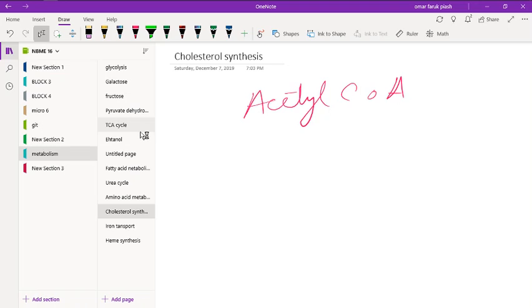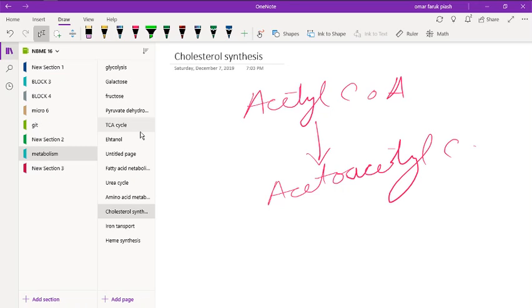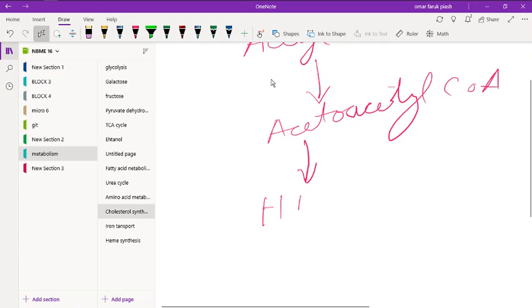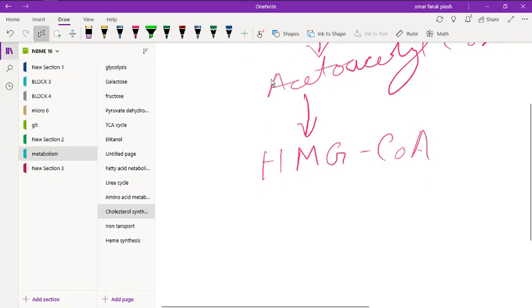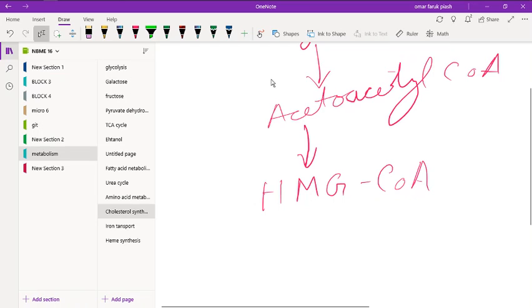Acetyl CoA is converted into acetoacetyl CoA, and acetoacetyl CoA is converted into HMG CoA with the help of HMG CoA synthase. This synthase enzyme is used in cholesterol synthesis and also in ketone body metabolism.